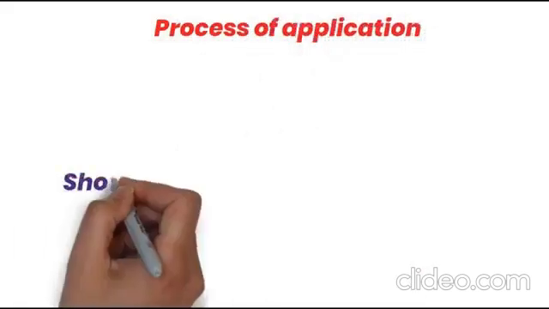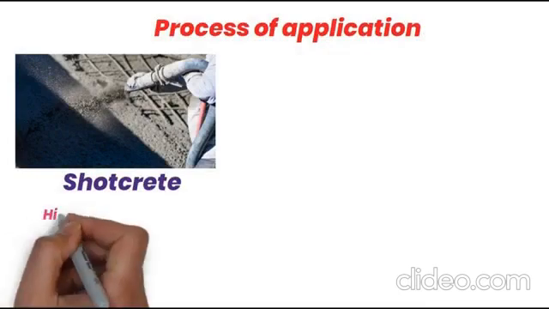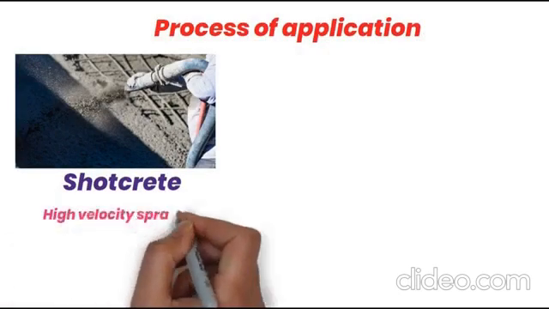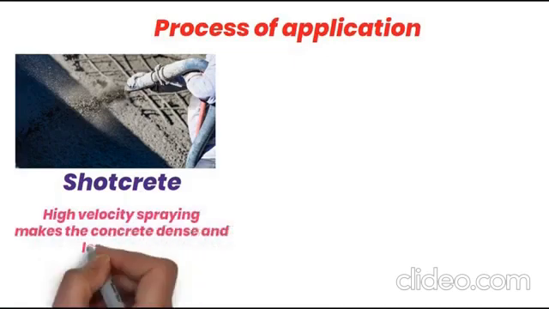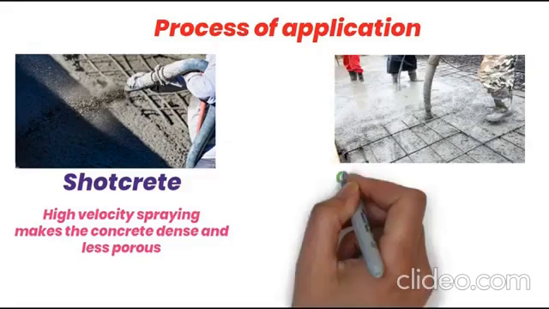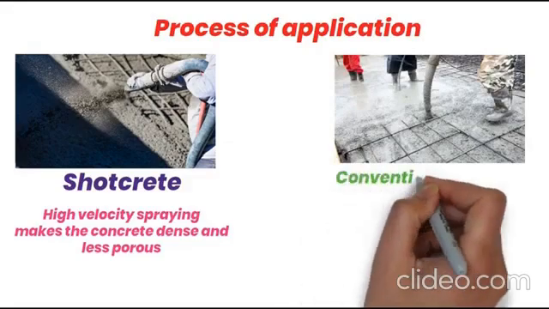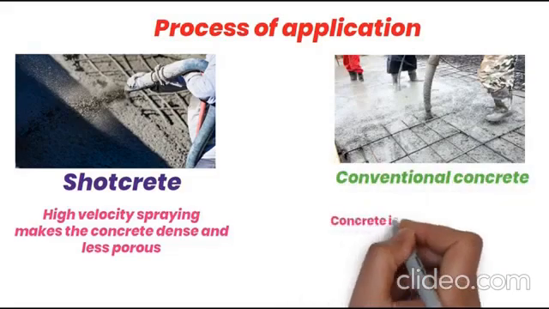Process of application. In case of shotcrete, high velocity spraying makes the concrete dense and less porous. In conventional concrete, it is placed on the surface and consolidated.